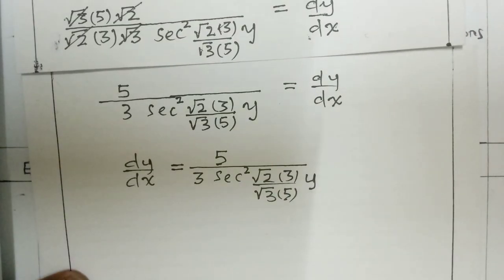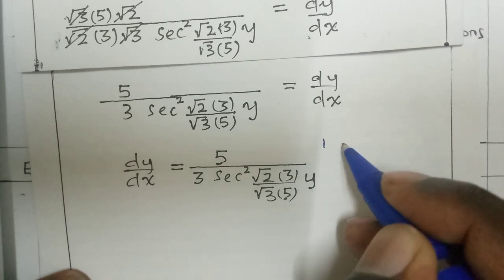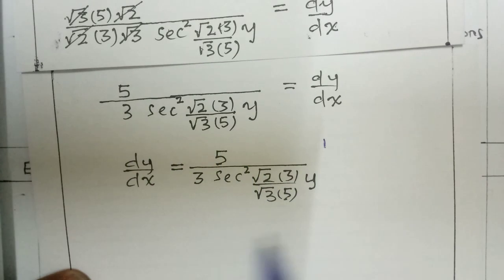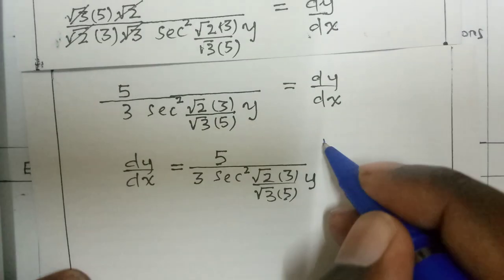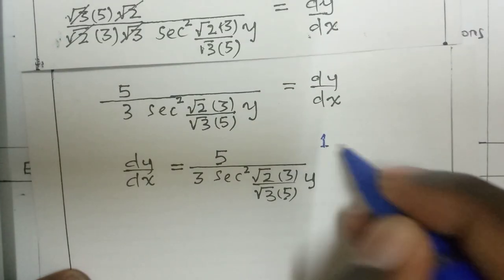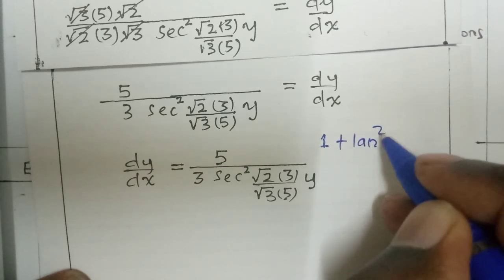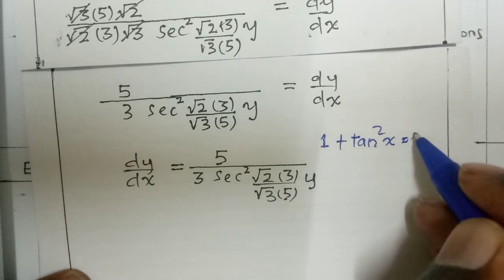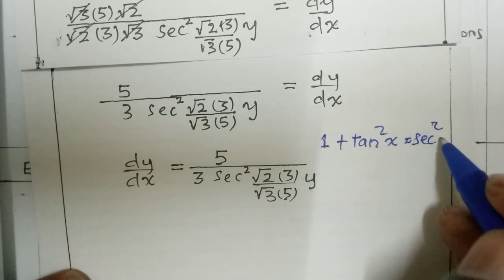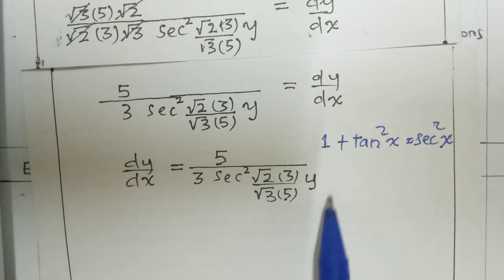So guys, from this equation 1, I've already arranged the equation beginning with that and then this. But we have this from trigonometry, 1 plus tan squared x gives us sec squared x. And so here we have sec squared x.